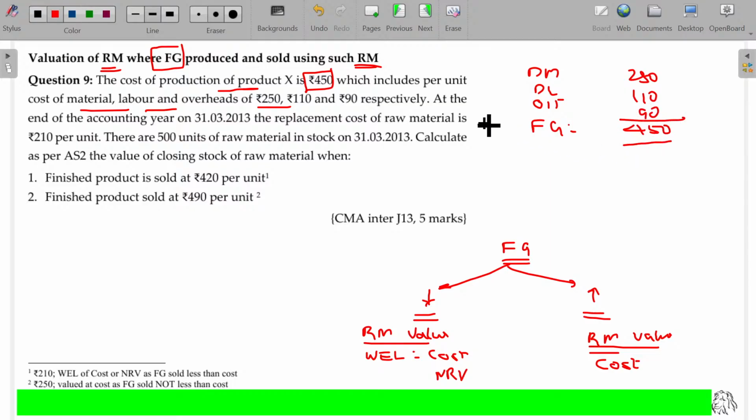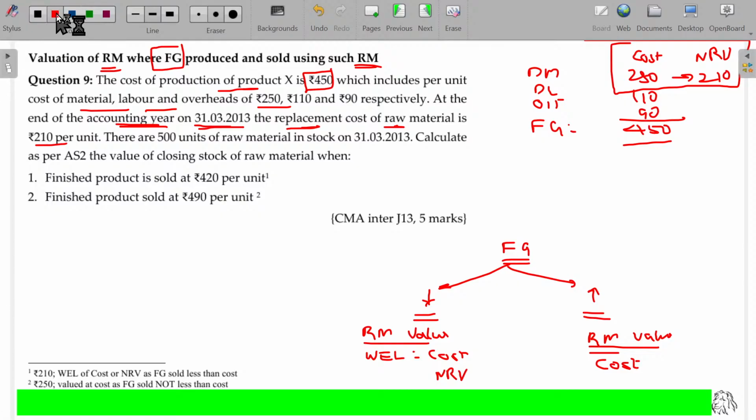Okay, the value is given. At the end of the accounting year on 31st March 23, the replacement cost of material is 210. Now this raw material value is 210. This is the cost of raw material. This is the NRV value of the raw material. Usually cost or NRV, whichever is lower, will be taken, 210 only.